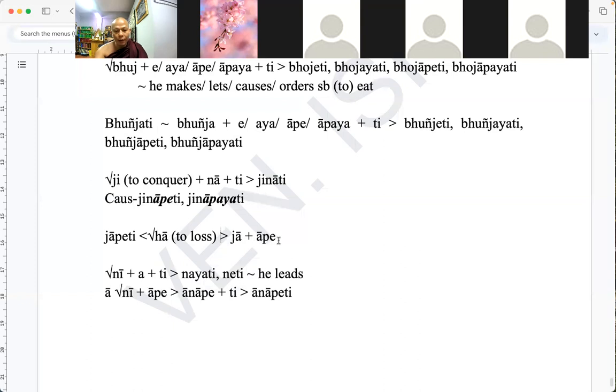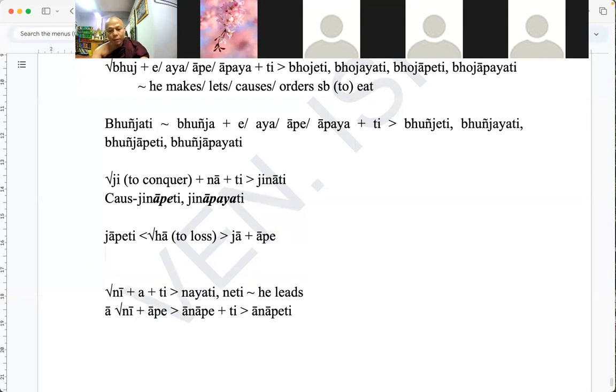And then another one, Jabi, is from the root Jan. So root Jan is changed to the Ja. Root Jan means to be or to become. So root Jan, after that the be. At that time, Jabi.